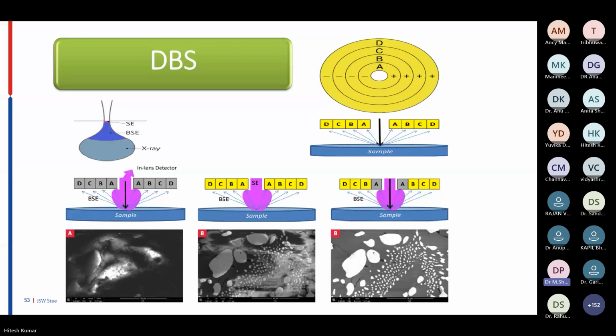Further, what is the necessity of the images captured from secondary electrons and backscattered electrons, that is, bright field image and dark field image in the microscope? What information is observed from the image system of SEM microscopy?